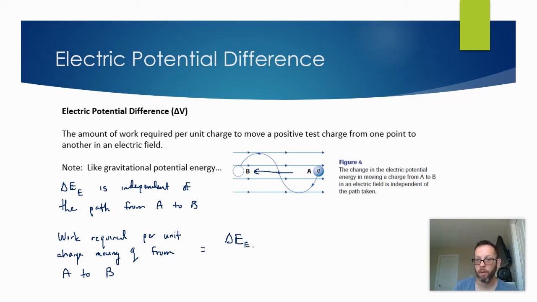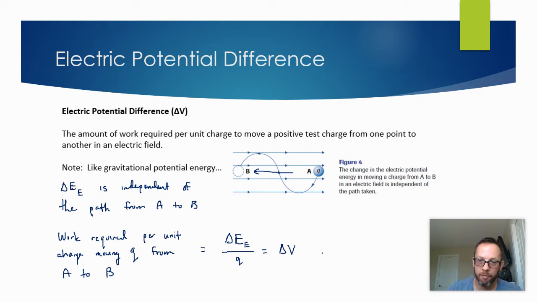You do the work pushing the charged particle from A to B, and you're going to store some energy, right? So that work goes to a change in energy, but remember, potential is potential energy per unit charge. So for the work required per unit charge, we'll divide that by Q. And this gives us what we call potential difference.